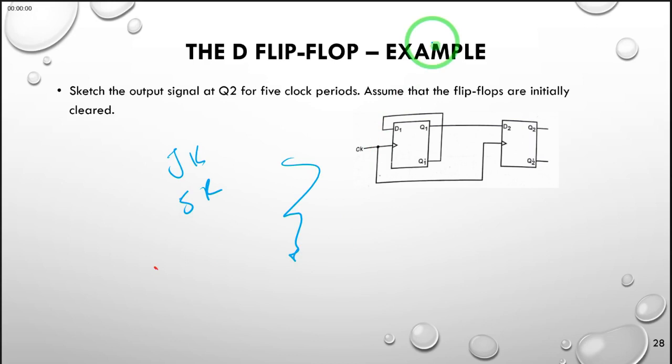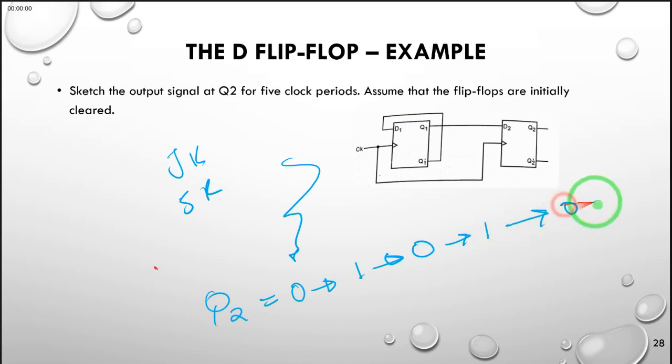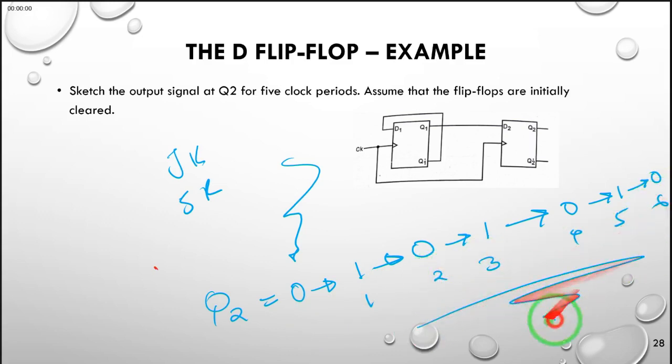All I will mention is that you will see that the output at Q2 will move from 0 to 1 to 0 to 1 to 0 to 1 and to 0 again. This becomes the output waveform at Q2, and you can also draw the waveform.